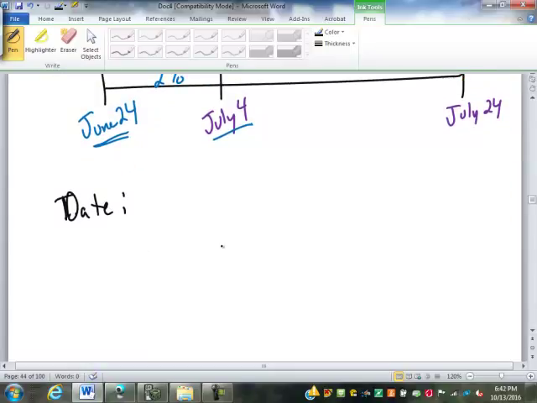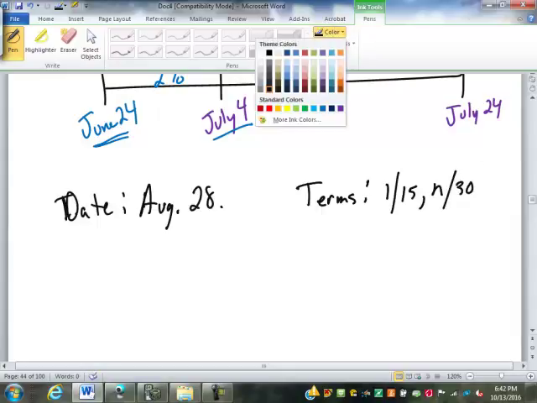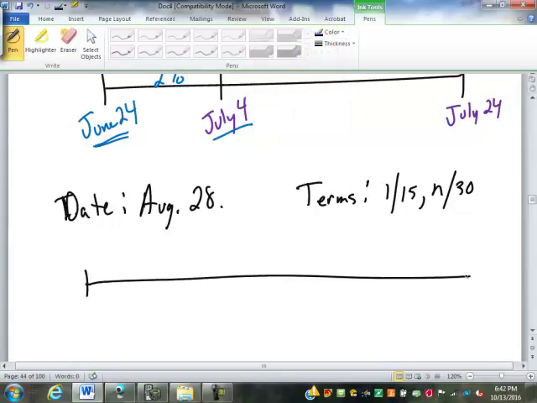So what if we are dated August 28th? We get terms of 1/15 net 30. Same type of thing. This is August 28th, the start of our timeline.